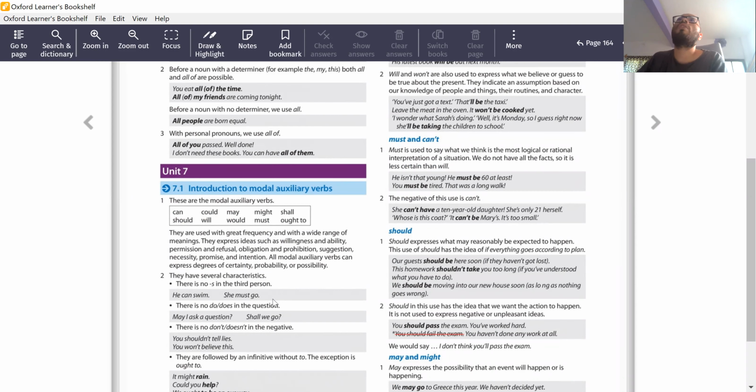Depending on the context, they are different. They mean different things. It could be possibilities or probabilities: can, could, may, might, will. Sometimes it's about obligations, like must, have to, you'd better.